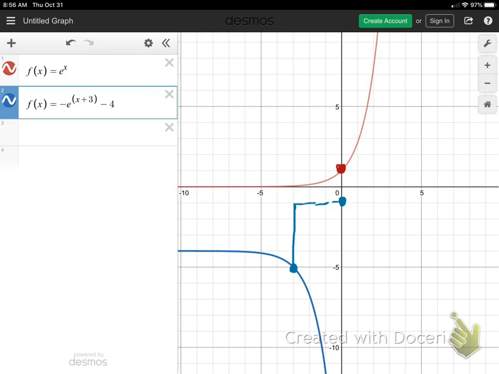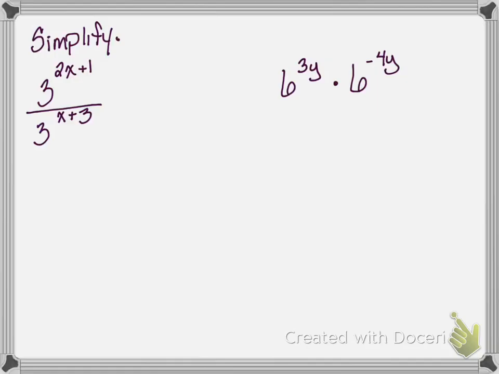Okay, what we're going to do here is really simplifying some more intense exponents, so exponents on steroids, but we're still going to use those same properties. So this is 3 to the 2x plus 1 over 3 to the x plus 3.